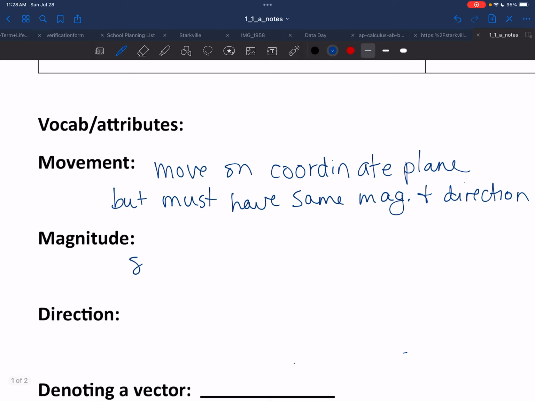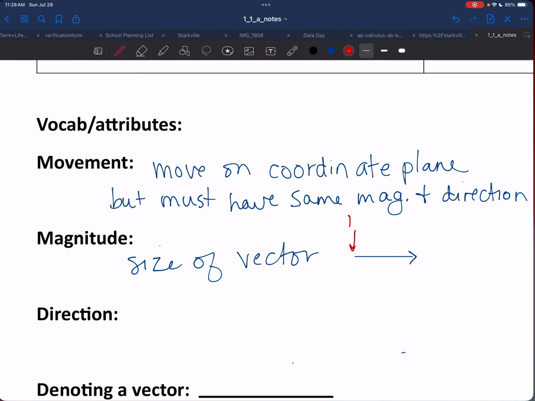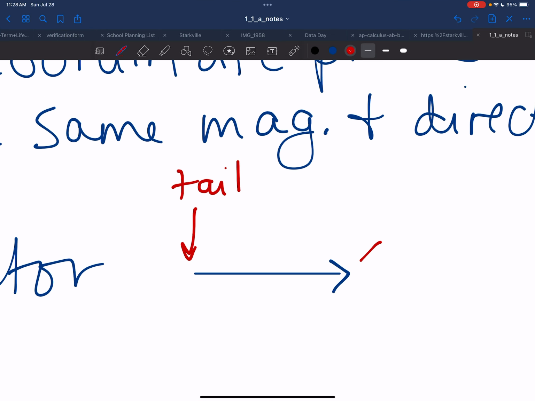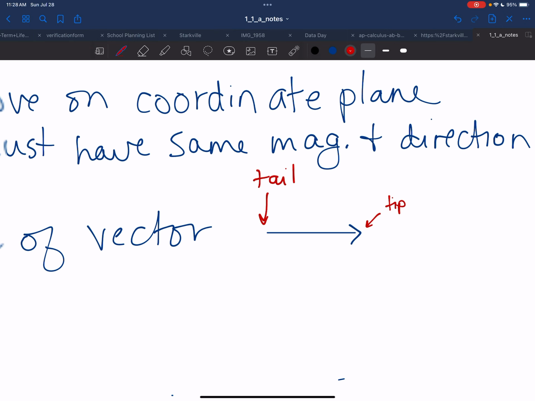Magnitude is going to be the size of the vector. And the vector that we designate is going to be a line with an arrow. And when we look at that vector, we have a part that's called the tail. And then this is called the tip. So when we add vectors and we use the tip to tail method, that's what we mean.